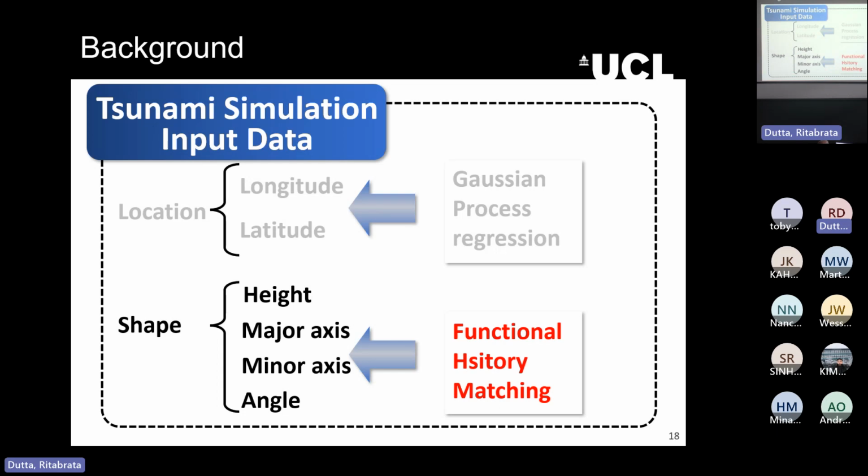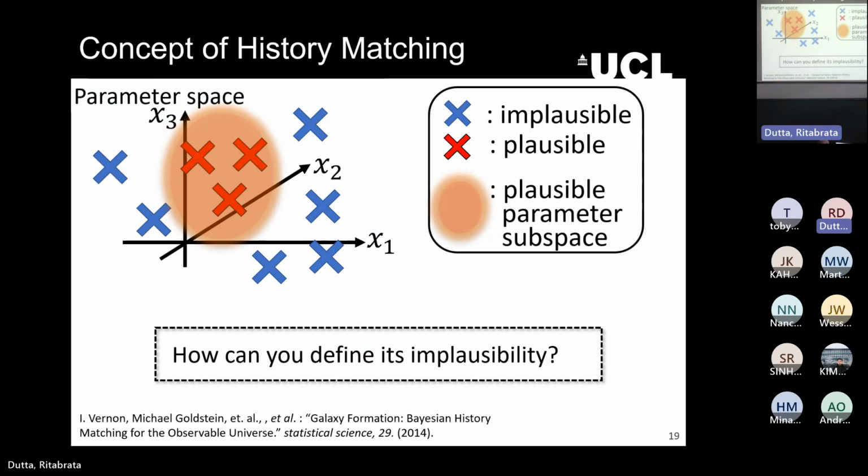But to solve this, I would like to use a method called history matching. Now, what is history matching? This is a rough concept of the history matching method. The history matching method is used to estimate the plausible parameter subspace, the plausible input parameter subspace.